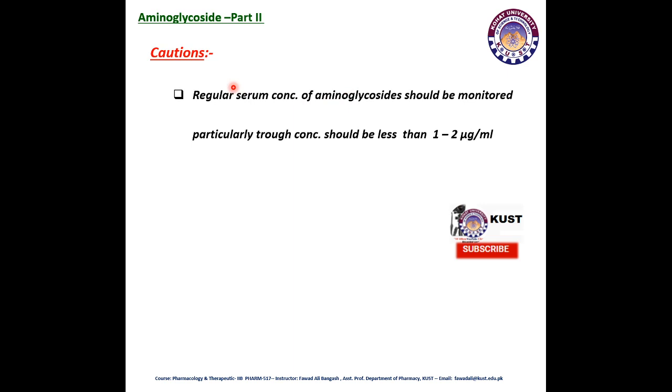Precautionary measures while using aminoglycoside: regular serum concentration of aminoglycoside should be monitored. Particularly, trough concentration should be less than 1 to 2 microgram per ml, because high plasma concentration leads toward toxicities.